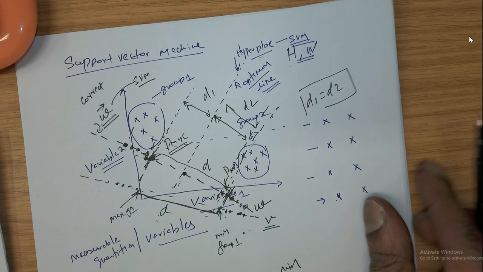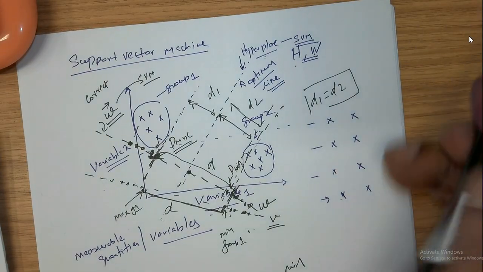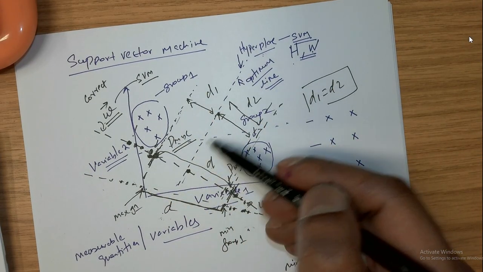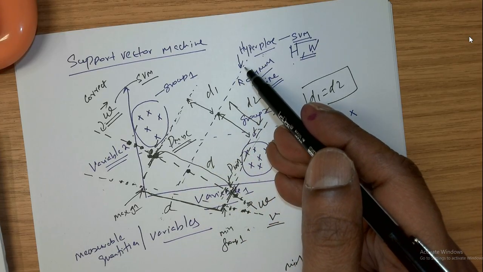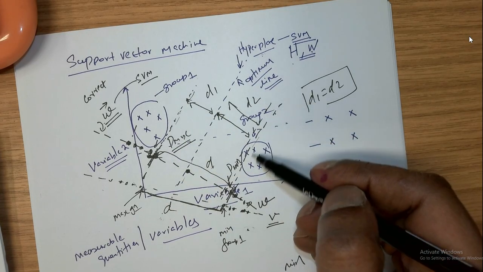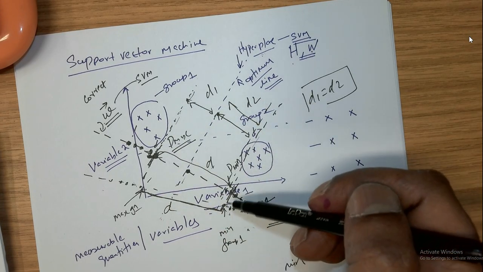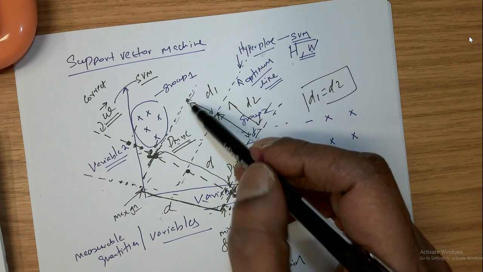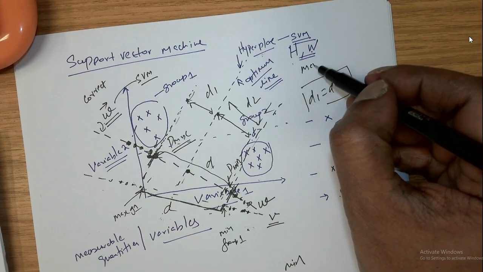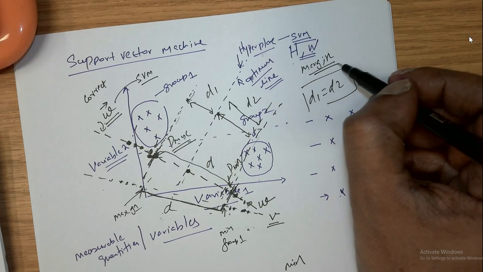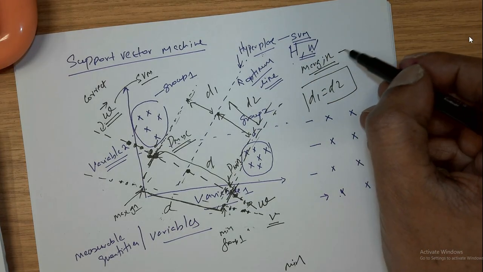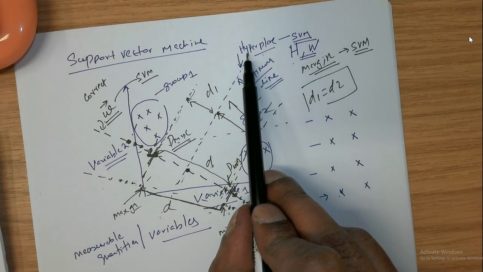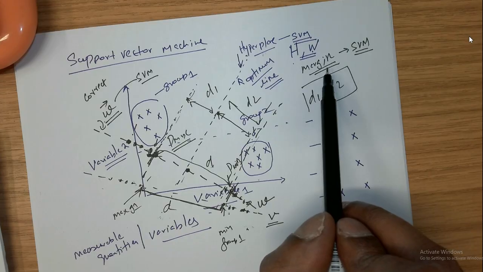We will see the mathematics soon, but shortly I will give you the equation of these three lines: one is your hyperplane, and the other two are your support vectors. You have two support vectors, and the distance between these two support vectors is called the margin. So margin is one of the buzzwords in the language of support vector machine. So far I explained what is a hyperplane and what is a margin.